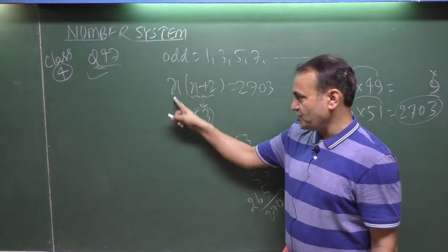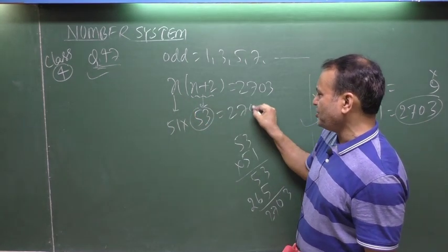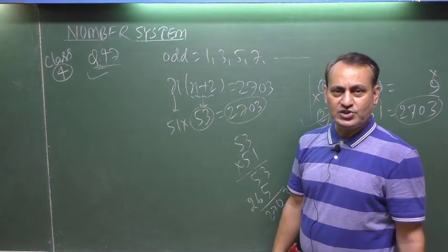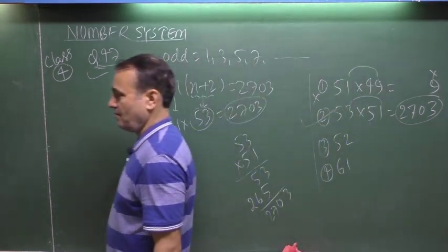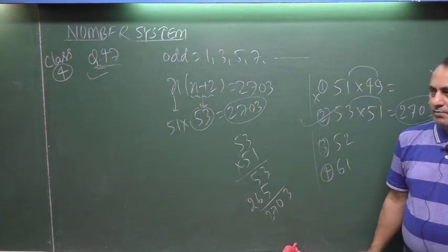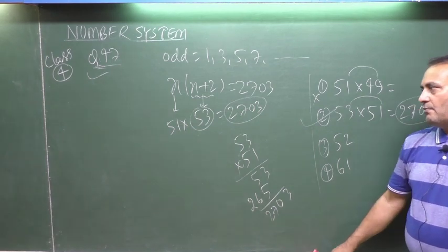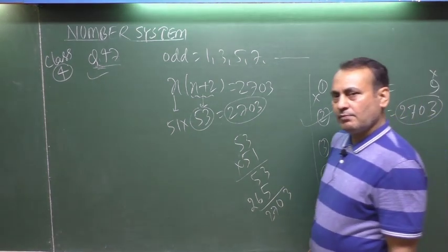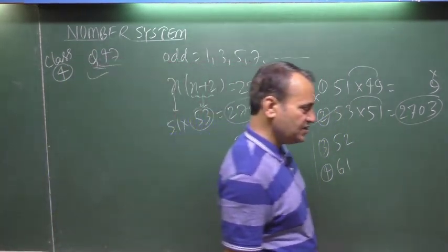If this is 53, this will be 51, and 53, 51 after multiplication gave 2703. Note down. Thus came the answer. 53 is the right answer now.